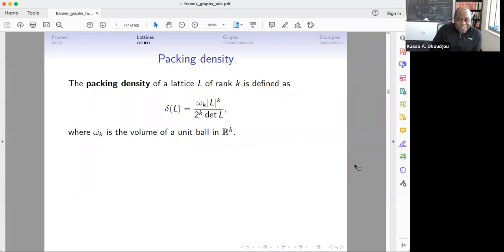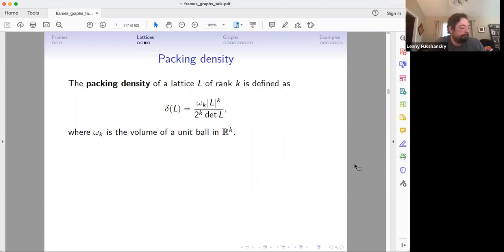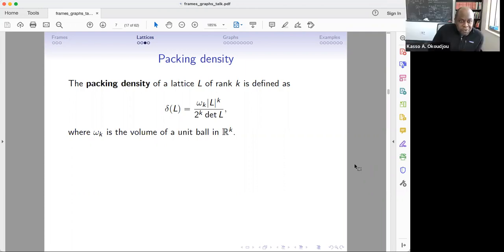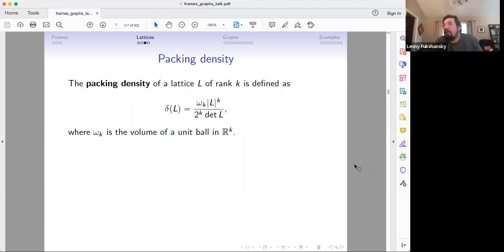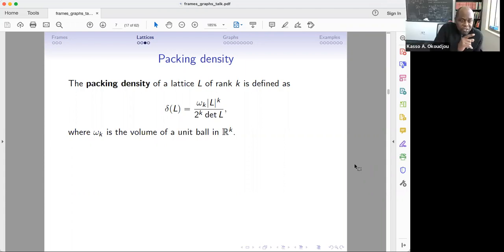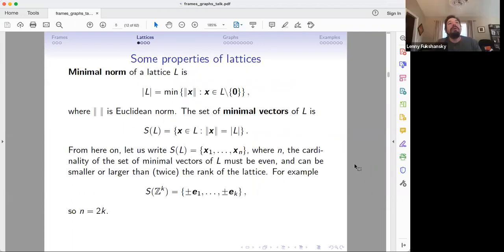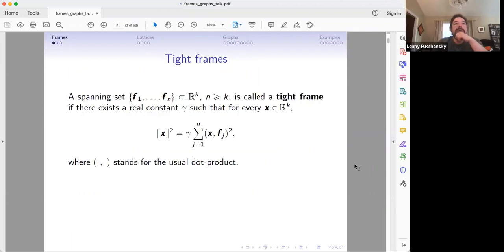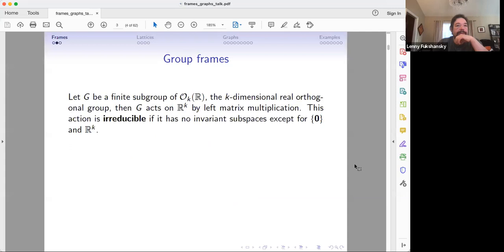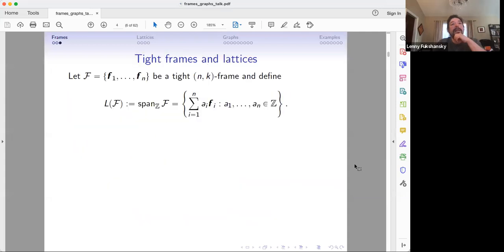Can I ask another question? I'm sorry. Yes. In the definition of lattice, do you always assume that you're starting from a tight frame? Oh, no, no, no. A lattice is just a free Z module. That's all it is. But in the definition that you gave of a lattice, was it just to illustrate something? Yes.